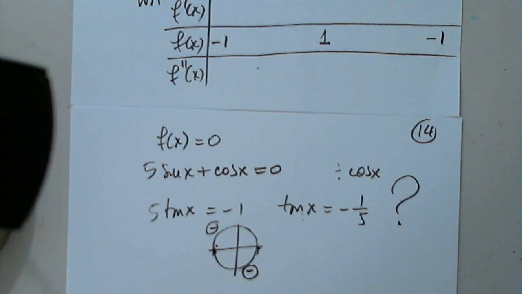So let's find arctangent of -0.2, and I'm just thinking for a second, where should it be, how high?